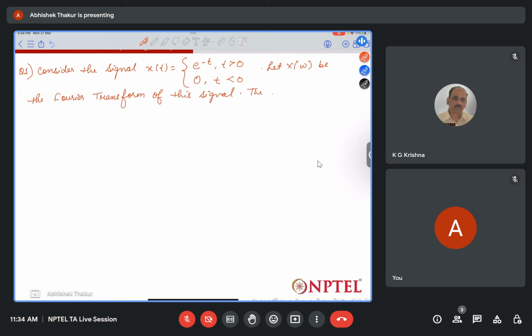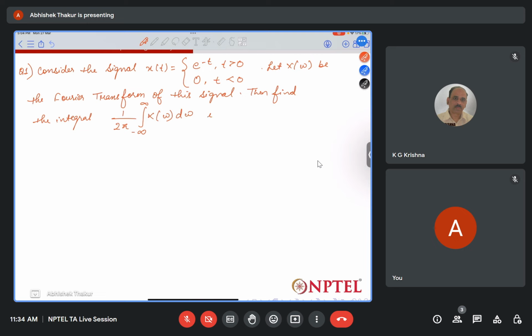Then we have to find this integral: 1 by 2 pi integration of X(omega) d omega from minus infinity to infinity.